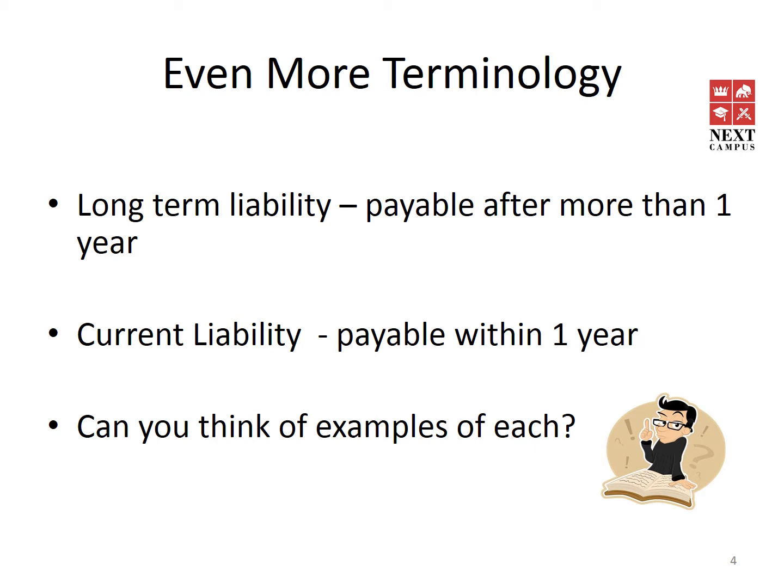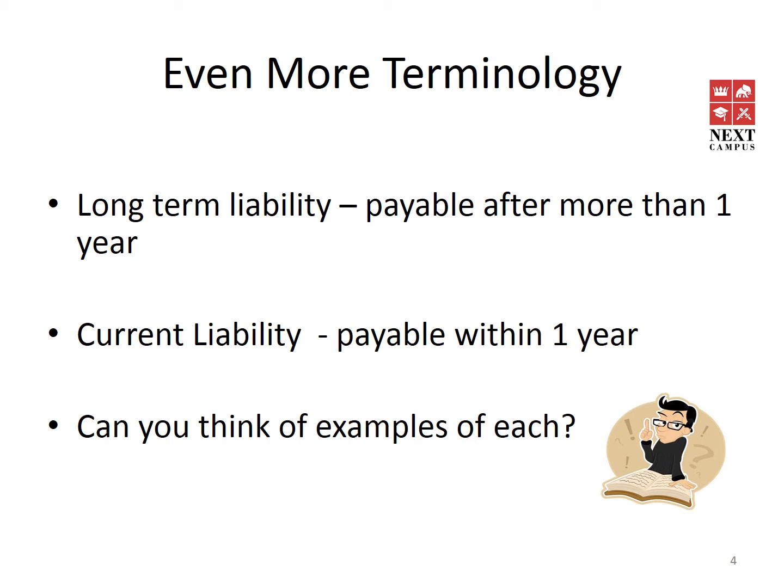As an example, the amount of a bank loan that should be paid by the company after 1 year, or the amount of a lease or hire purchase that has to be paid after a period of 1 year. That's long-term liability. In accounting, short-term and long-term are divided based on a 1 year period.